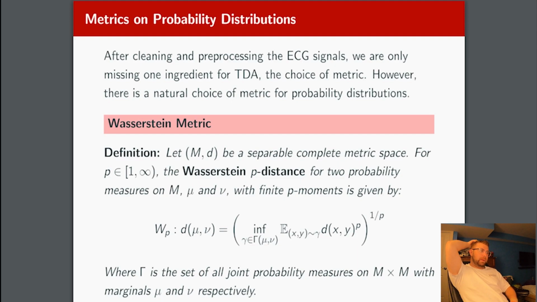And then for some order P, the Wasserstein P distance for two probability measures, we'll call them mu and nu, with finite moments is given by this.